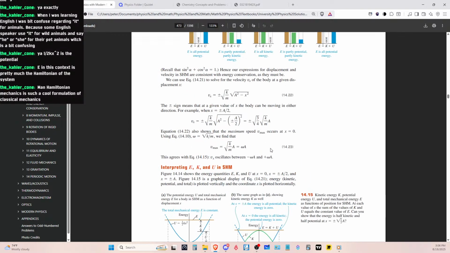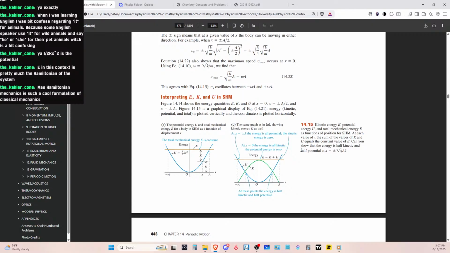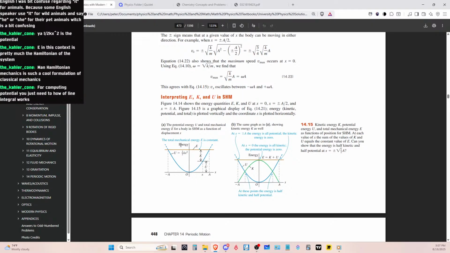Interpreting E, K, and U. It shows that E, K, and U at x is half. It is a graphical display of energy represented. Okay, so let's see. The total energy E, which we have, is a graph here.